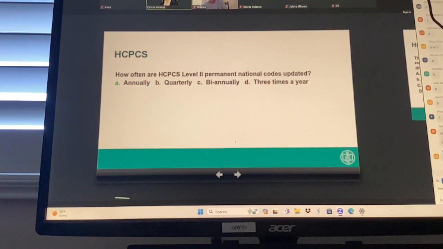So in your HCPCS books, you might want to write somewhere in the very beginning of the pages, updated quarterly. I can't find it within the book that I'm using, but maybe in the AAPC book for HCPCS, they do indicate in the foreword that it's updated quarterly.